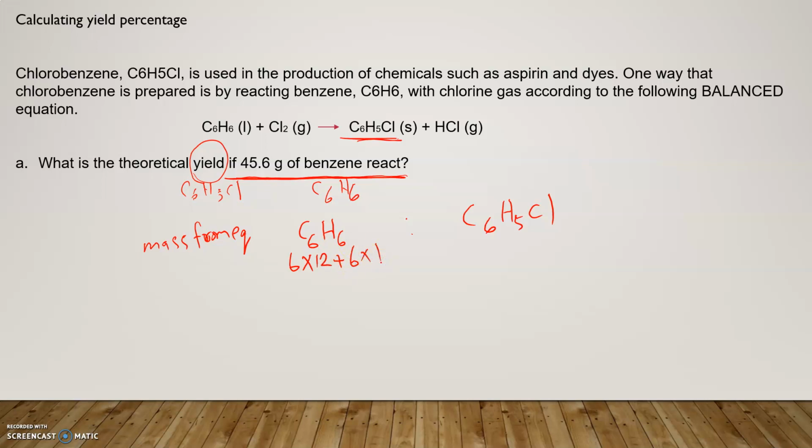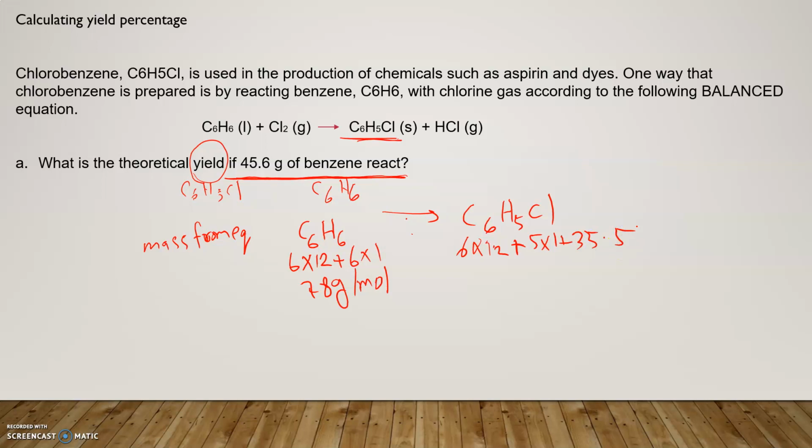So actually it's 72 plus 6, which equals 78 grams per mole. Now for the chlorobenzene: 6 times 12 plus 5 times 1 plus 35.5.